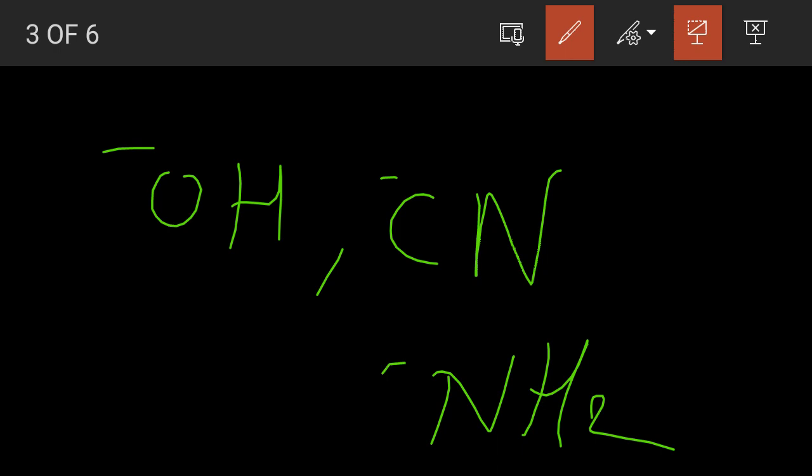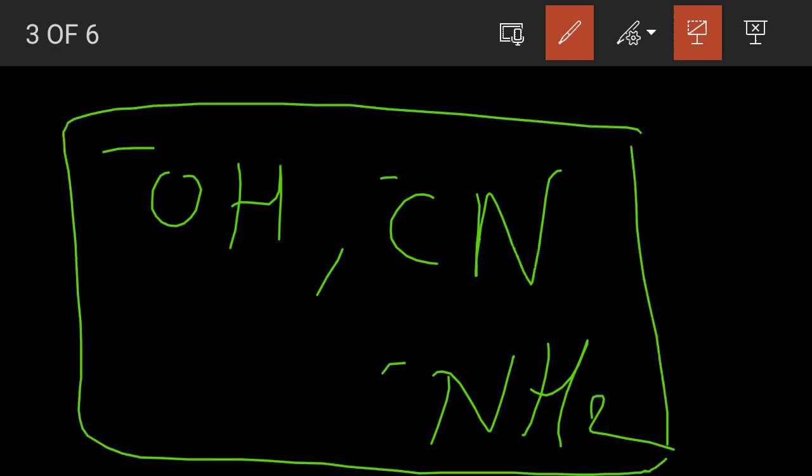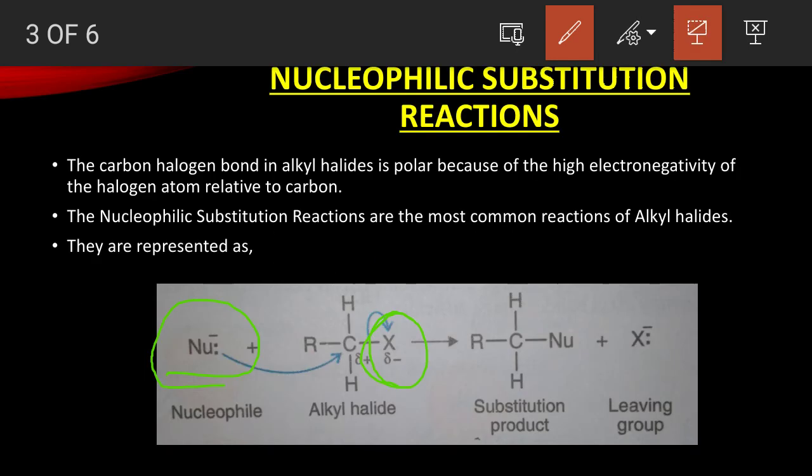Any negatively charged particles are known as nucleophiles. When these nucleophiles replace the halogen atom in the alkyl halide, the reaction is called a nucleophilic substitution reaction.